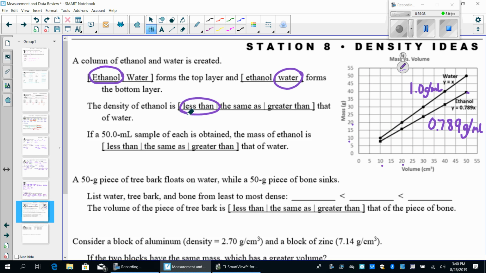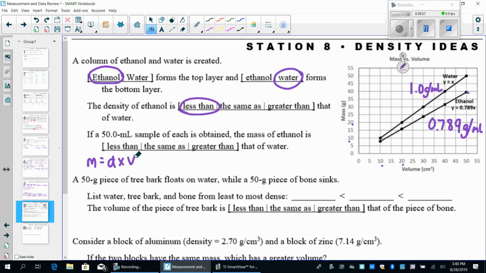If you had a 50 milliliter sample of each, the mass of ethanol is going to be less than that of water. So let's say that we did a calculation and mass is equal to density times volume.